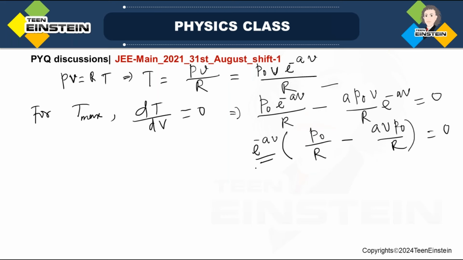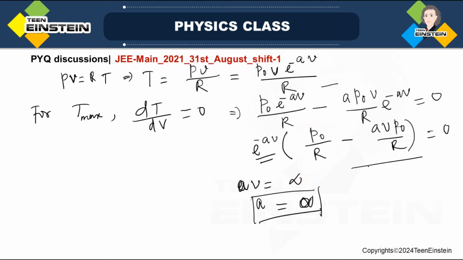So either this will be 0 or this will be 0. If I put the exponential equal to 0, then A V has to be infinity, so A is equal to infinity. But infinity I should not take, so I should have another value.